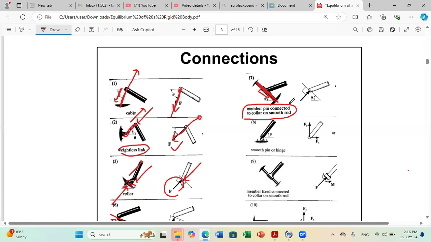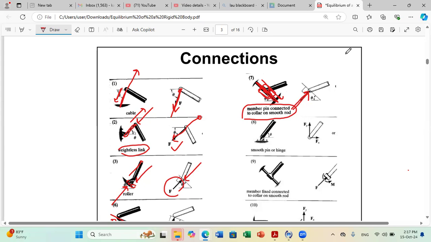So in this case, for this connection, you just have a reaction along the perpendicular to contact. It's true that you have a pin here, so the pin would prevent motion like this, but because you connected the pin to a collar, and the collar will allow up and down motion like this, so this combination of pin and collar will only react along this direction. It will just oppose motion in this direction.